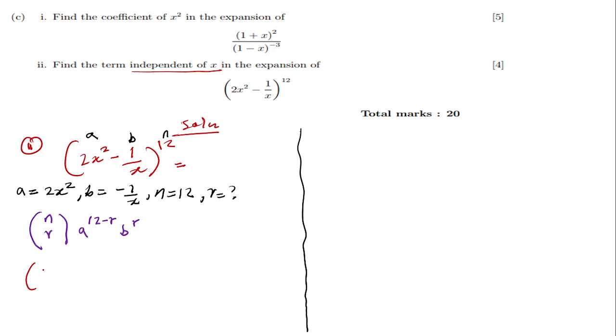You can change this one, which is 1 over x, so you can easily change it to x to the power -1, and then r like that. So once you have that, you can easily move on.